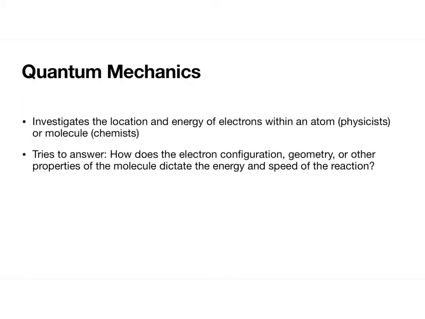So next semester is quantum mechanics, and this is really investigating the location and the energy of electrons within an atom, which is what physicists are most interested in, or molecules, and chemists like things a little bigger, not huge, but a little bigger. And so quantum mechanicists try to answer how does the electron configuration, geometry, and other properties of a molecule dictate the energy or speed of a reaction.